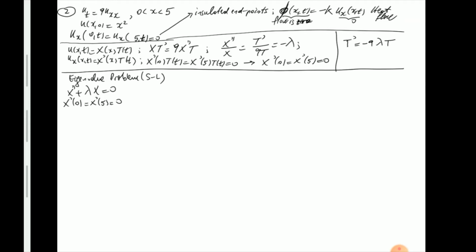Now look at the previous page. The eigenvalues and the eigenfunctions for these problems are the following. You have 0 as an eigenvalue with 1 as an eigenfunction, and then also lambda_n equals n pi over 5, squared, as an eigenvalue, and the corresponding eigenfunction will be cosine of n pi x over 5, where again n is 1, 2, 3, and so on.